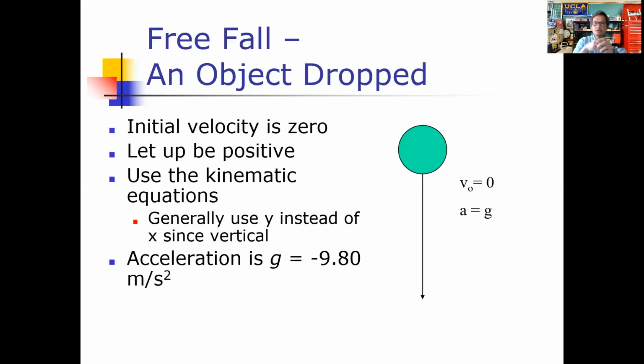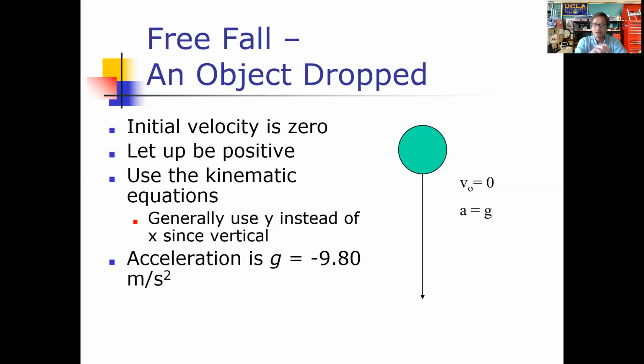If it is in a free fall, if there is no air resistance, if there's no drag force on the object, and the only force acting on it is the gravitational force from the Earth pulling on the object, then the object moves at a constant acceleration, not at a constant velocity.